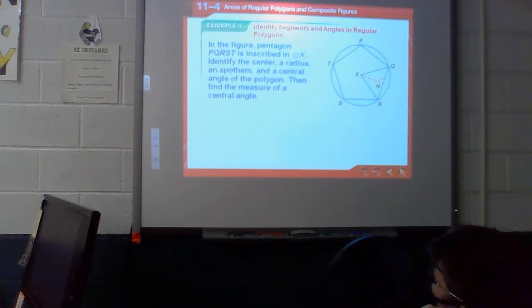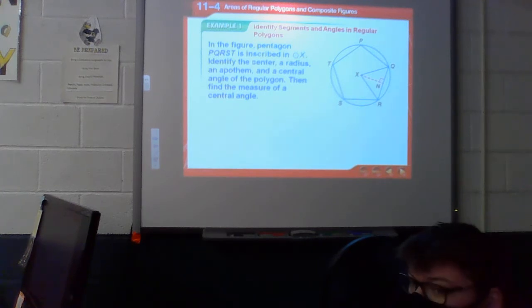X what? T. Exactly right. Everybody agree with that? Okay. So what's a central angle? What's the central angle that they drew in this picture? RXQ. Exactly right. And what would the degree measure be of that central angle? 72 again. We already did it, right?